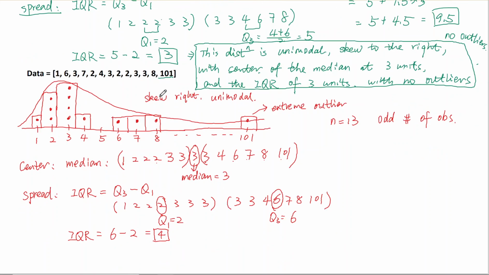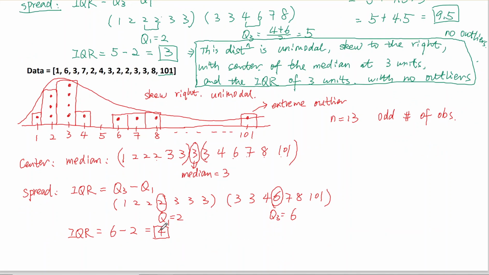The spread, IQR, just changes a little bit, from 3 to 4. It didn't change much. But if you use the mean, it will be changed a lot by this 101, right? So if the distribution is skewed, then you need to use the median and IQR to describe the center and the spread.